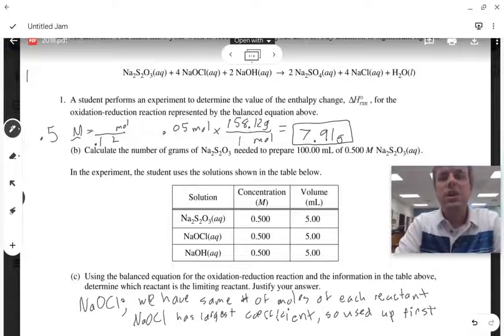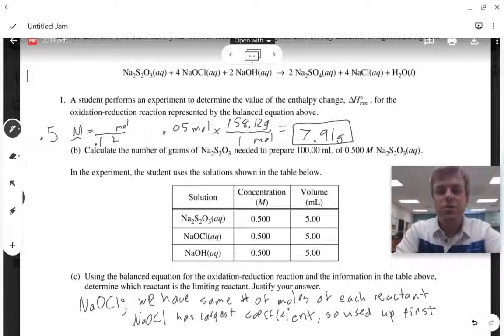There was another part of this problem that asked you to write a net ionic equation for this reaction up here.